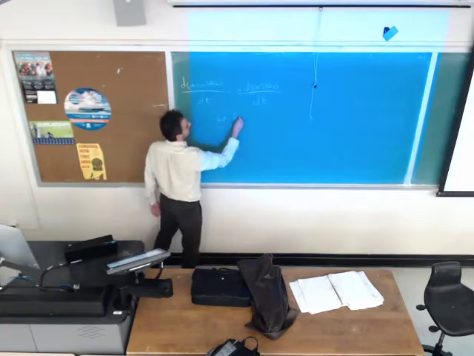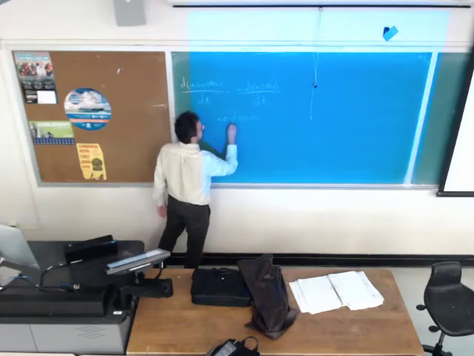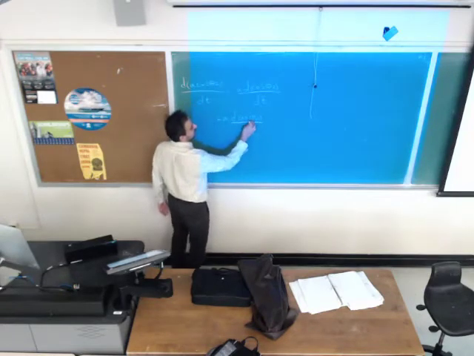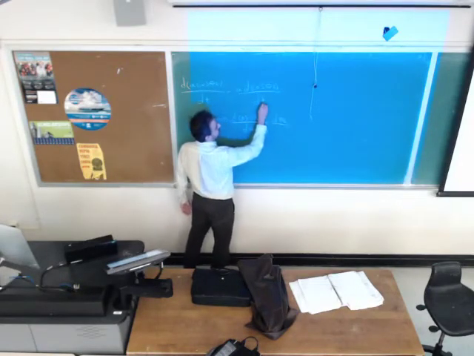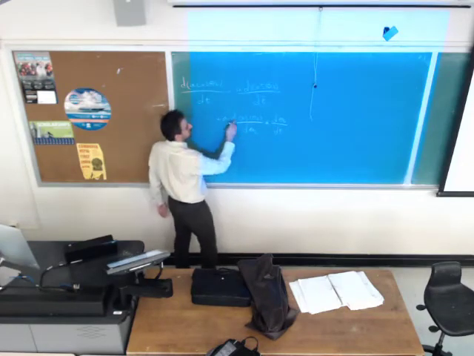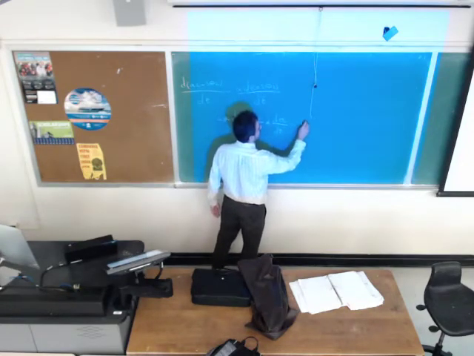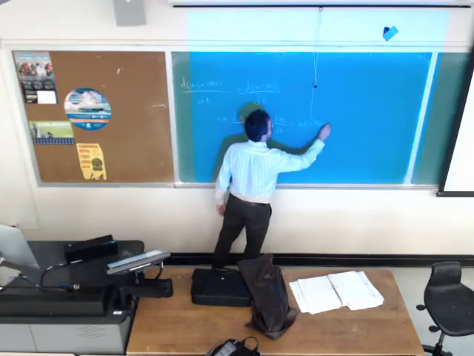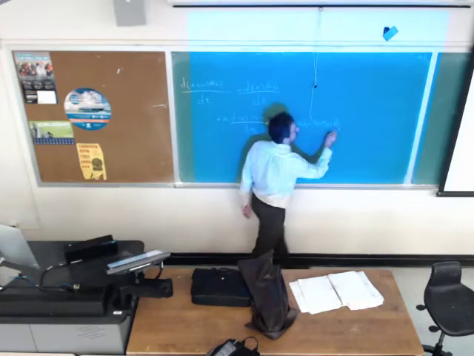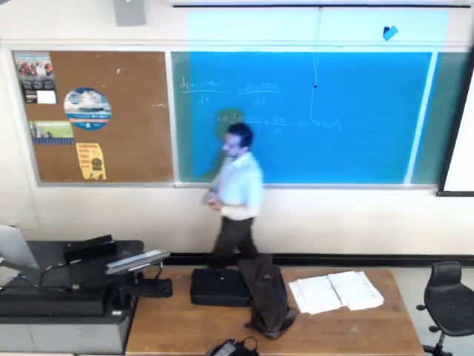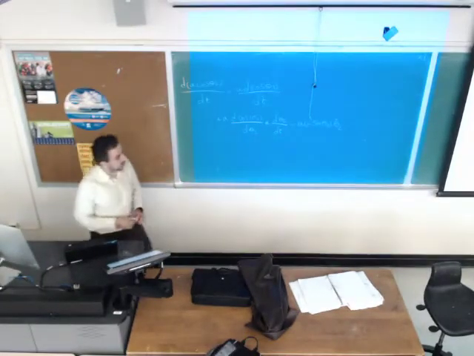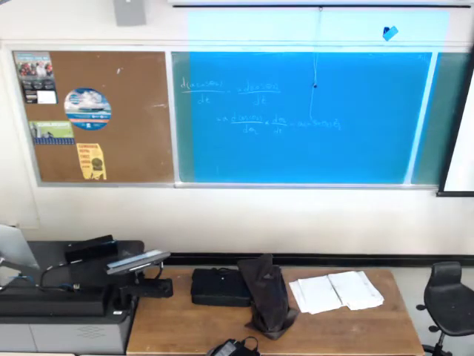So A, derivative of cosine of theta 2 with respect to the variable that we have here, multiplied by derivative of this variable with respect to time. So this is going to be negative sine of theta 2 times theta dot 2 or omega 2. So when you want to differentiate, you should use the chain rule to get this derivative, negative A omega 2 or theta dot 2 times sine of theta 2.